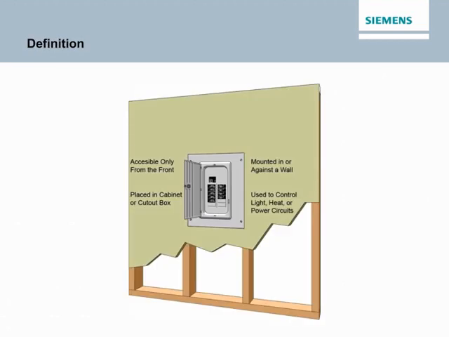A panel board is a type of enclosure for overcurrent protection devices and the buses and connections that provide power to these devices and their associated circuits. According to the NEC, panel boards, including load centers, are used to control light, heat, or power circuits, placed in a cabinet or a cutout box, mounted in or against the wall, accessible only from the front.